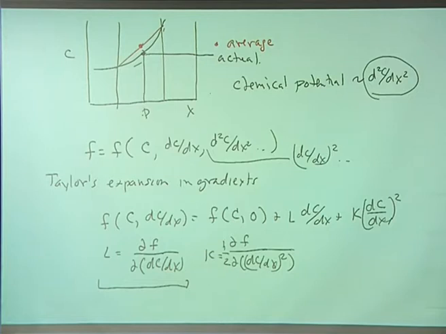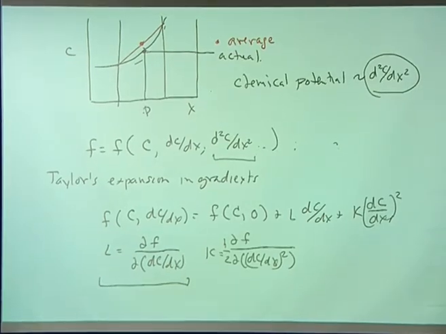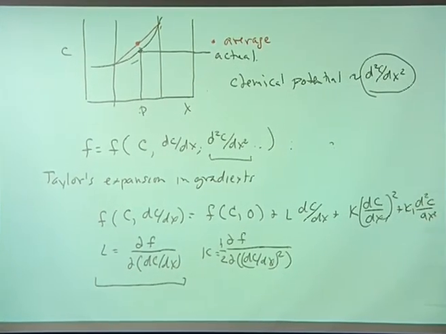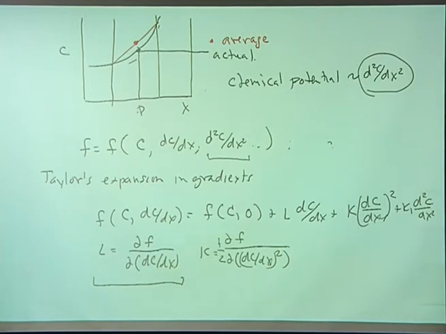Can we put k into d2c by dx2 in the next expression? Oh yes, if you include this term, you would have another k1 times x squared. The reason I'm not going through this is that you can show that if you include this term and integrate by parts, you can make it look just like that term. So if you let k1 be a function of composition and integrate by parts properly, you can combine those 2 terms.